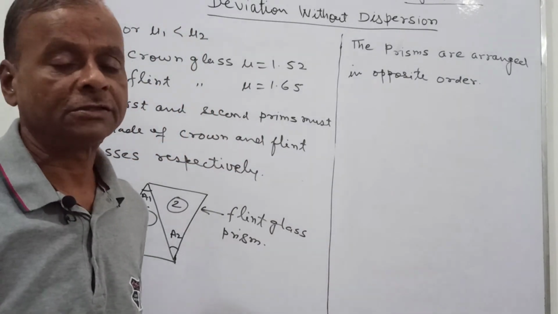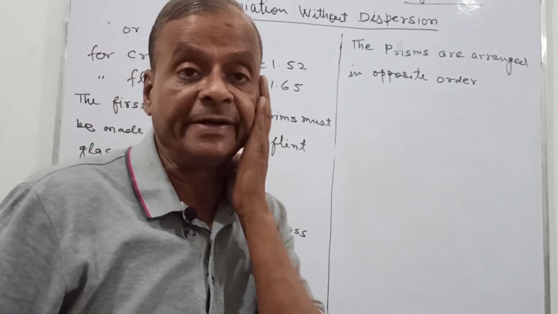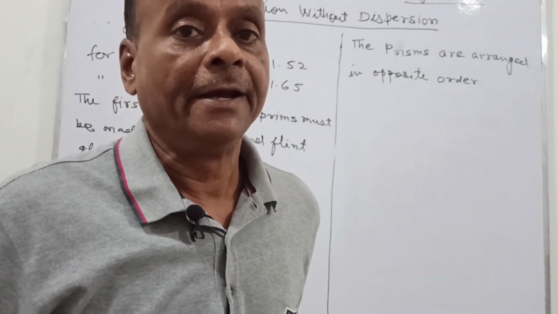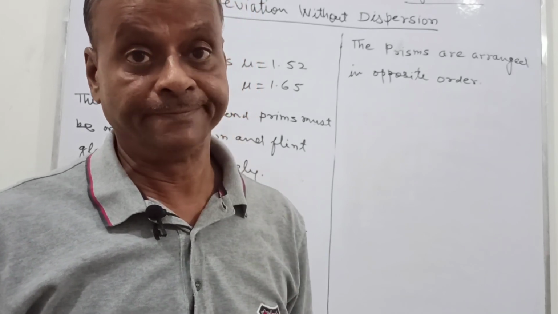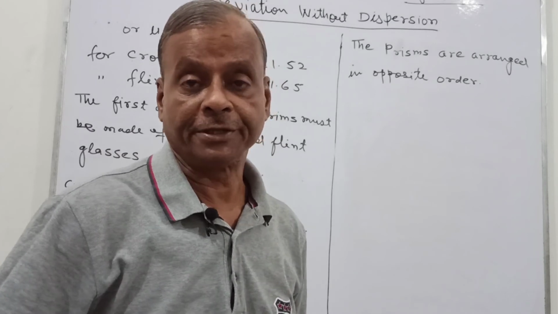So this is what the deviation without dispersion, and this is a very important part of the dispersion of light, and I have told you that questions are to be asked in this topic.